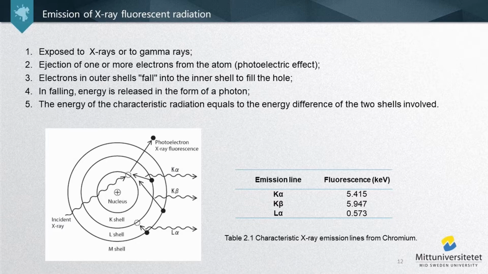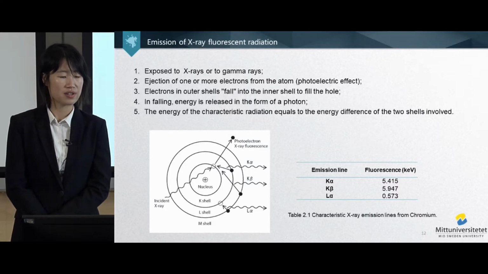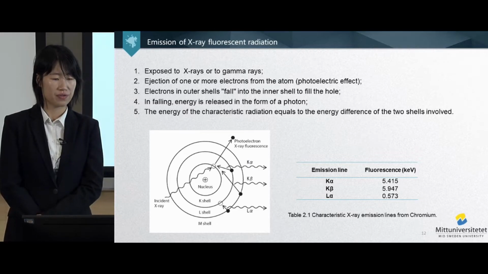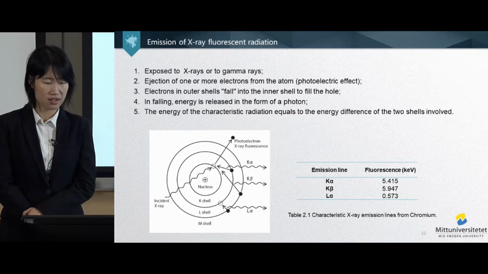The energy of the characteristic radiation equals the energy difference of the two shells involved. For example, in this table, the characteristic X-ray emission lines from chromium: the K alpha line means that an electron in the K shell is ejected while an electron in the L shell fills the hole in the K shell, and this line is called K alpha.